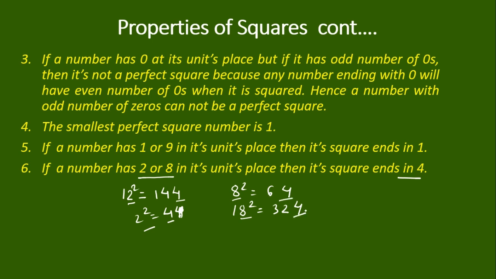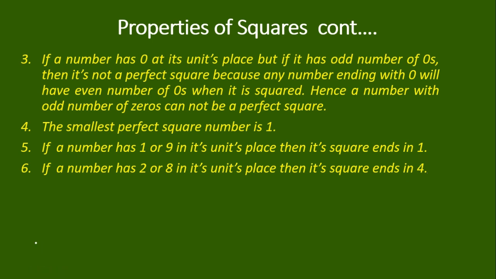So whenever we are finding the square of a number which has 2 or 8 in its units place, then you will get a number in which the units place will always be 4. So that is what property 6 is. I think that is clear now.